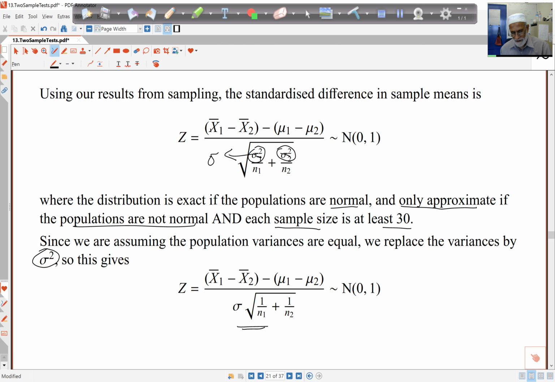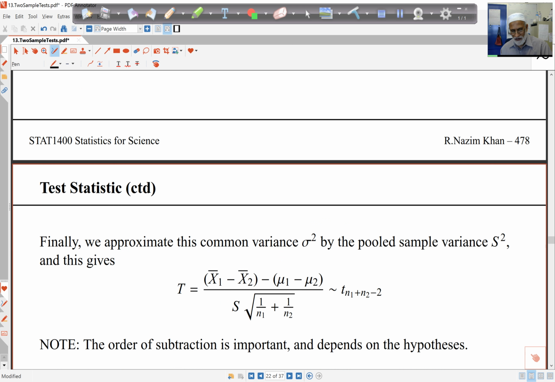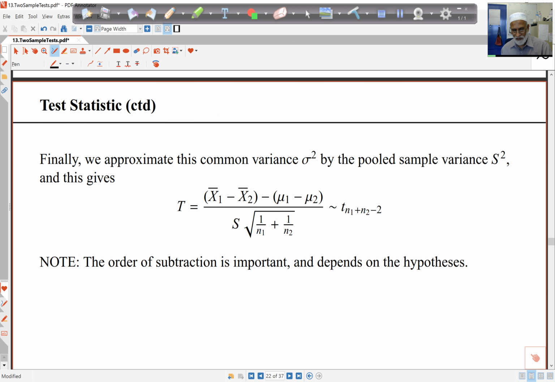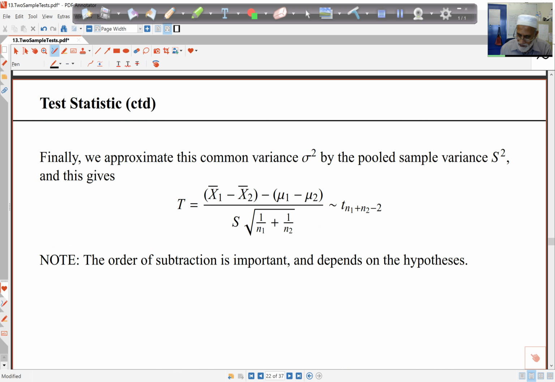Now, if I replace sigma by s, my sample standard deviation, this becomes t. Again, this is exact if I start with normal populations, otherwise approximate. If I have small sample sizes, I need to assume the populations are normal. Again, the order I subtract in will determine my hypothesis as well.